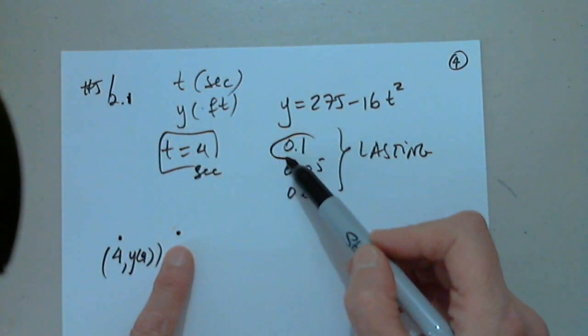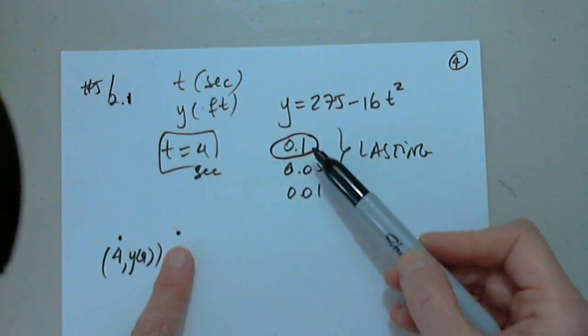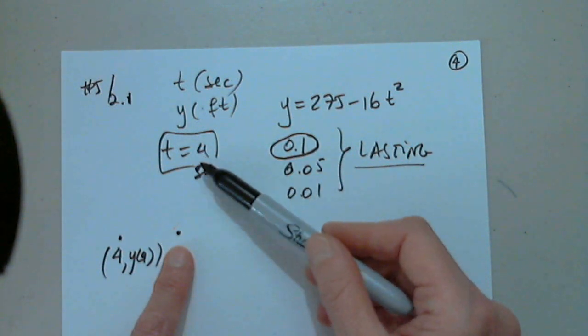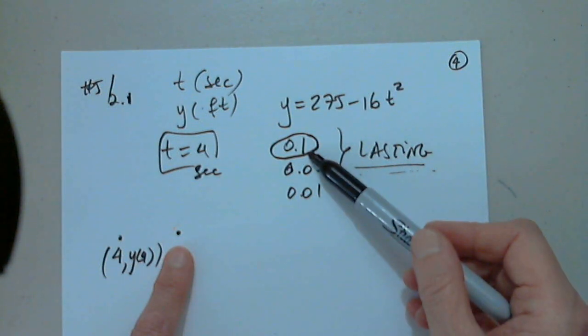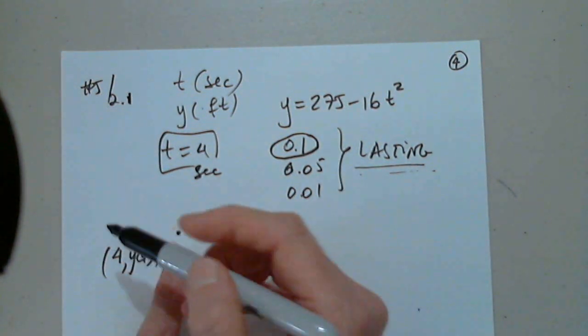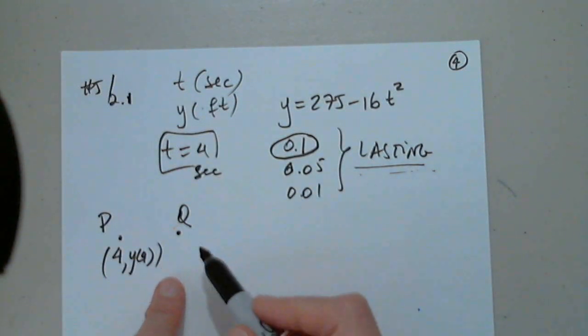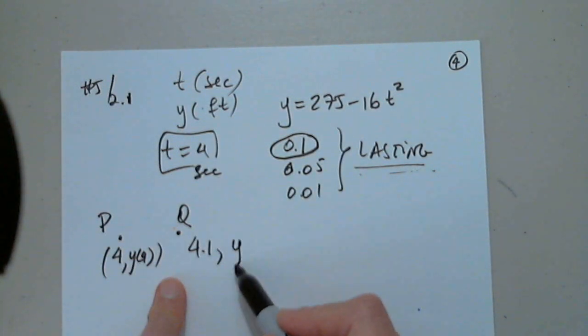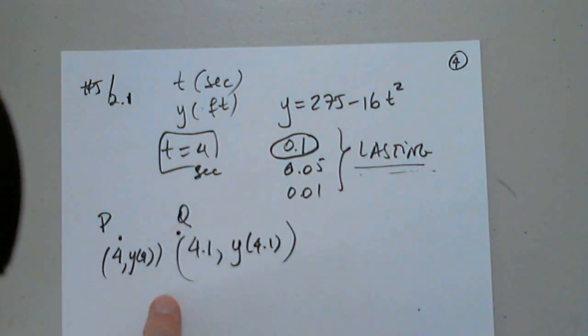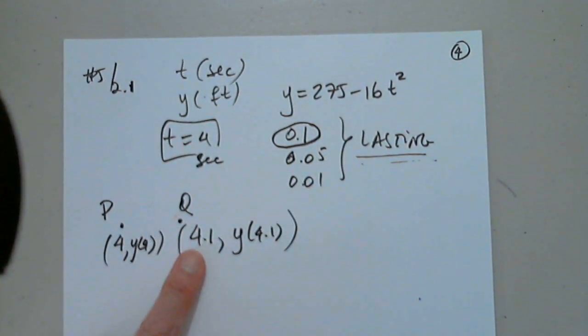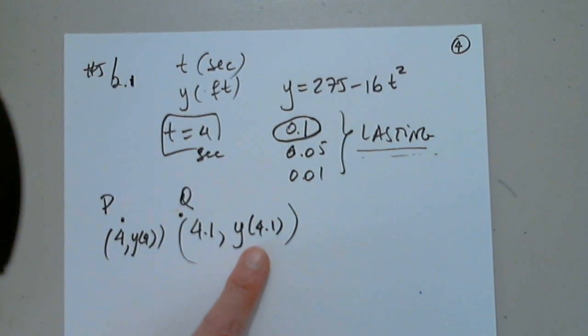If we're looking at starting from 4 and it's lasting for 0.1 seconds, what is the second point? If this is P, what is our Q? We need to identify that. 4.1. 4.1, comma, y of 4.1. So we have 2 points, 4 comma y of 4 and Q, 4.1 comma y of 4.1.